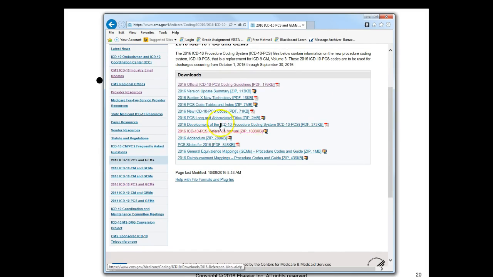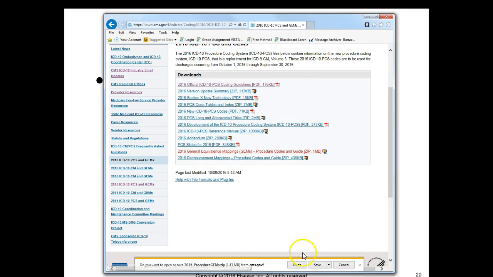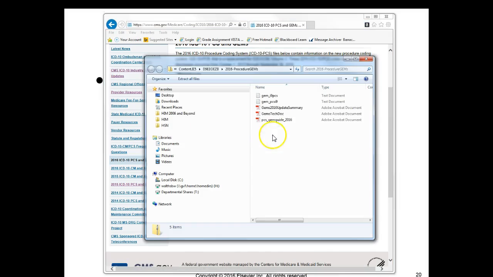And when I go over here, I can see the general equivalency mappings. And there's I9 to PCS and PCS to I9. So that's what these are.